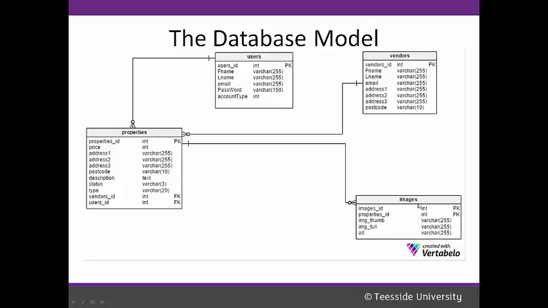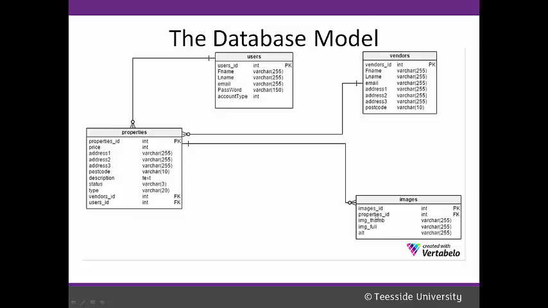Next up is the images table. So we want to be able to store a number of different images, not just one. So it's a one-to-many relationship between the properties and the images table. So likewise, we've got images ID defined as integer, primary key.